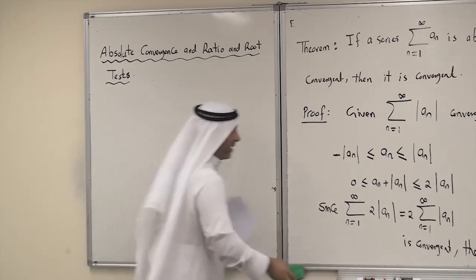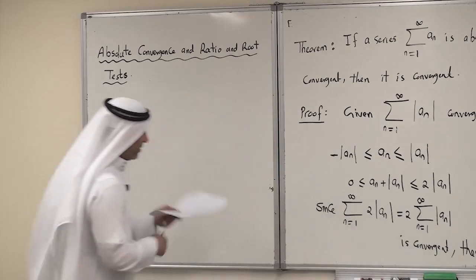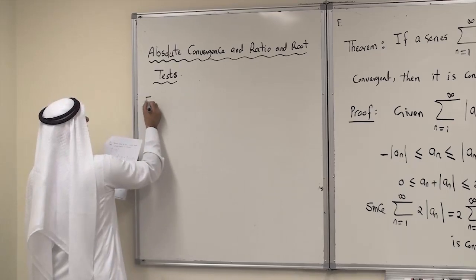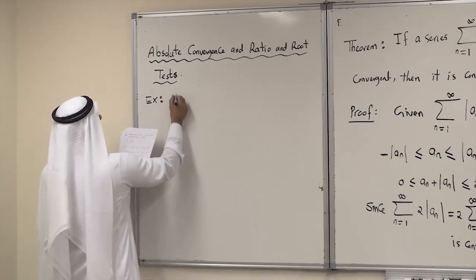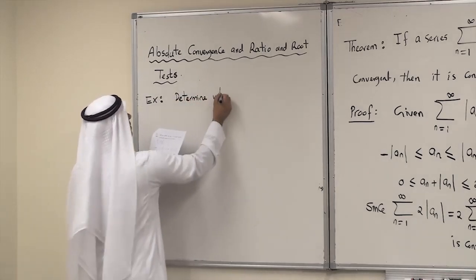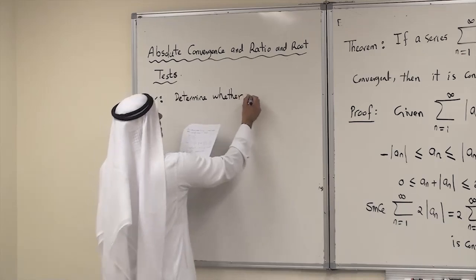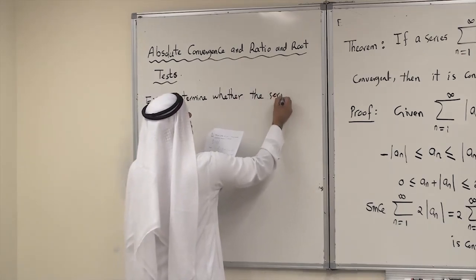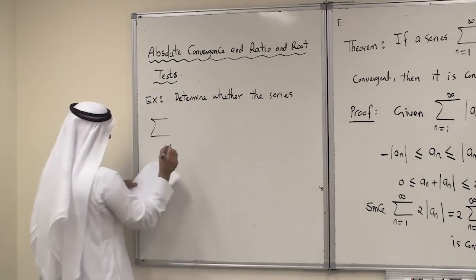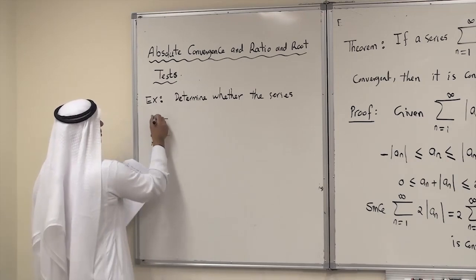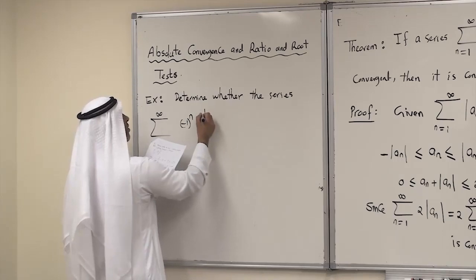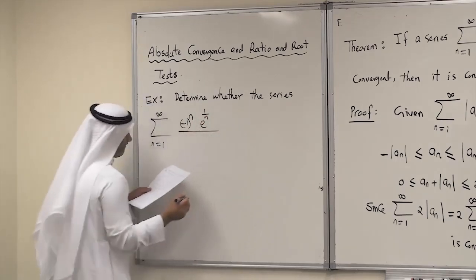Okay, we have a nice exercise here that will also help us to understand more about these things. The exercise says, again determine whether the given series, the series is given by the sum from n equal to 1 up to infinity of (minus 1) to the power n, e to the power 1 over n, all over n cubed.